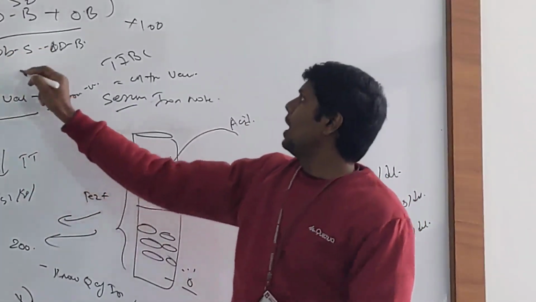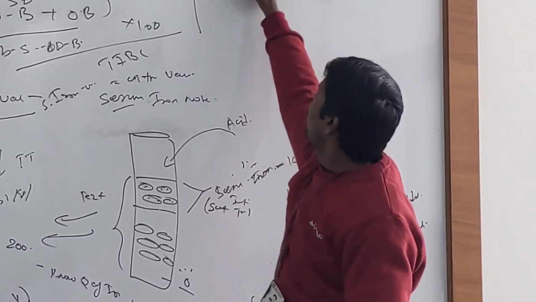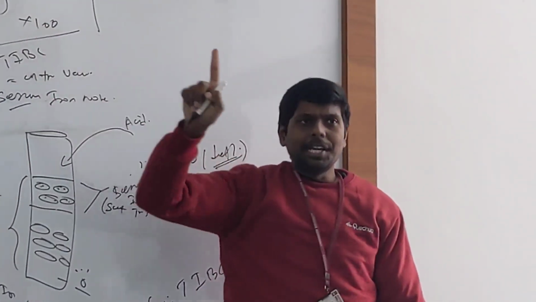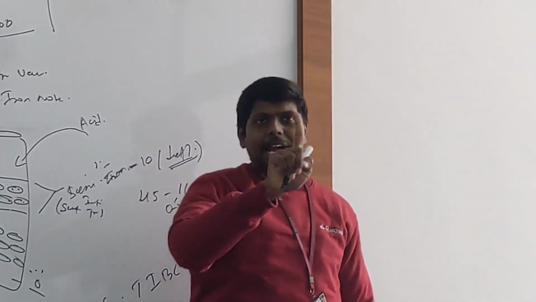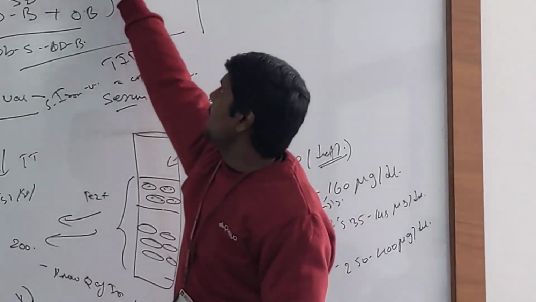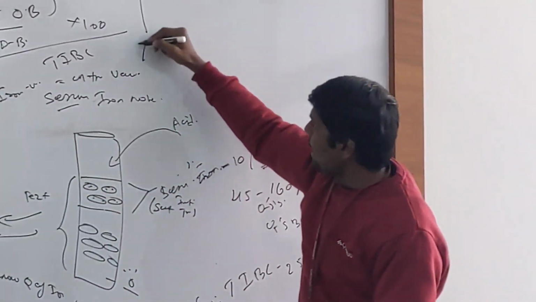So the same formula we will use two times, step 1 and step 2. In step 1, I didn't add acid. I took the iron value. Serum iron value I got in the first step. Then in the second step, I added acid.